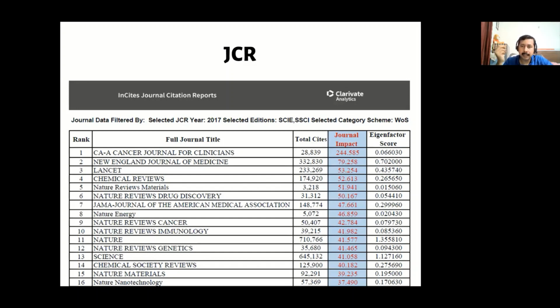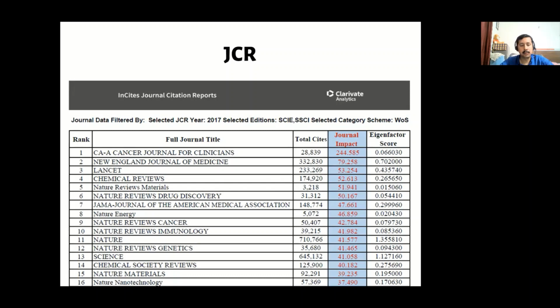So how is impact factor calculated? Impact factor is simply the total number of citations received by a journal for the articles published in the previous 2 years divided by the number of articles published in the previous 2 years.